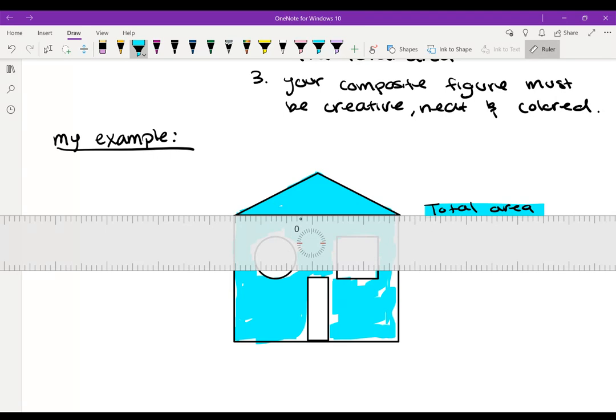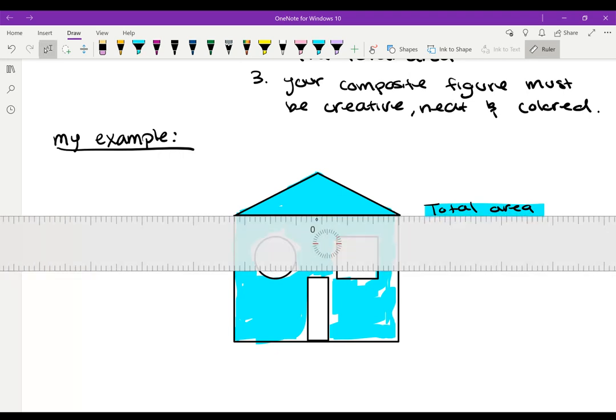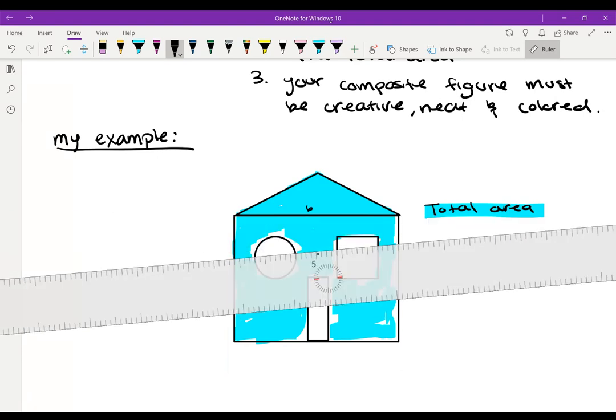I'm going to say each of these is a centimeter. So this is 1, 2, 3, 4, 5, 6, and 0.1, 2, 3, 4, 5, 6.4. So this is going to be 6.4 centimeters.